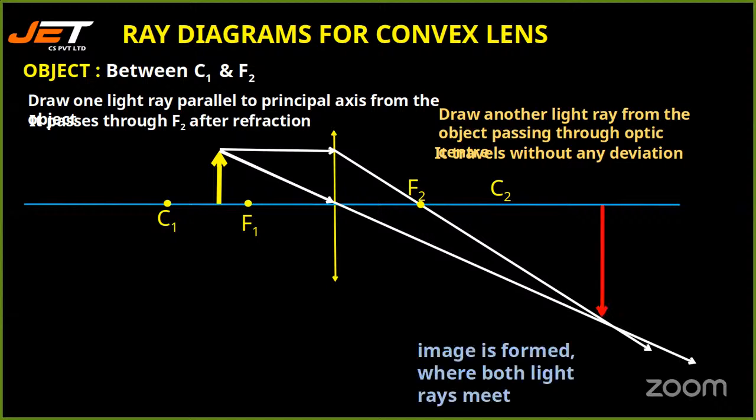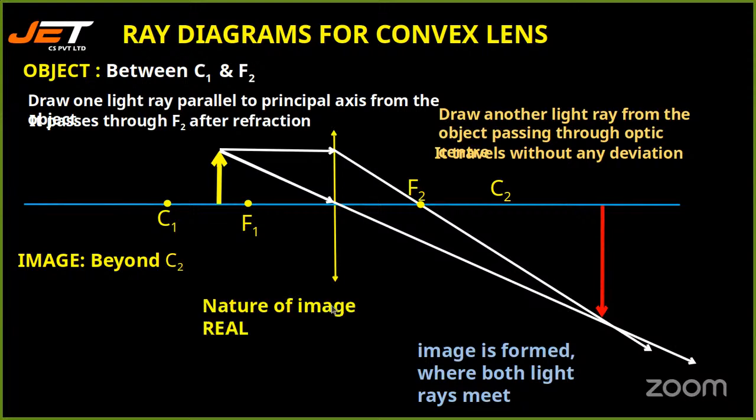And you can see here, just see the size of the arrow. So how does the arrow look like? Is the arrow enlarged or not? Yes, right? The arrow is enlarged. So that is why the image will be formed beyond C2, and the nature of image will be inverted, real, and enlarged. Right?